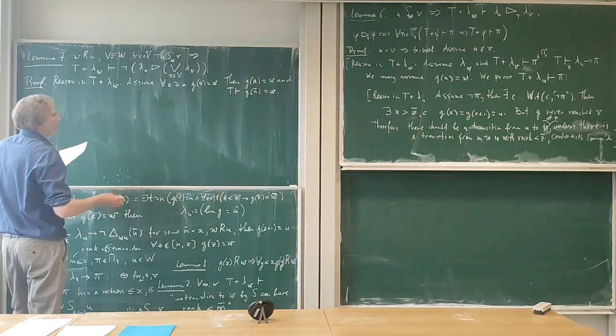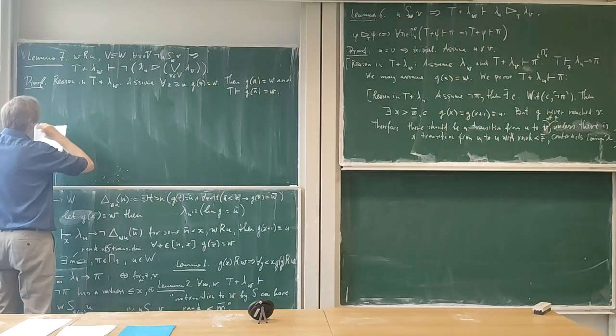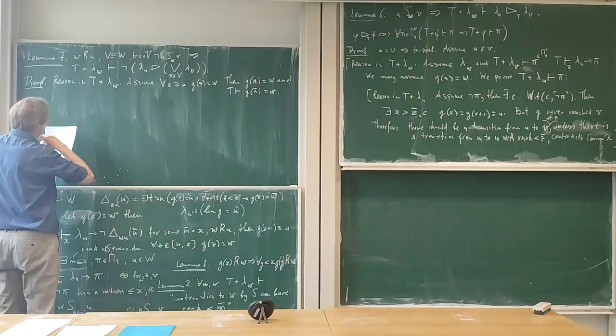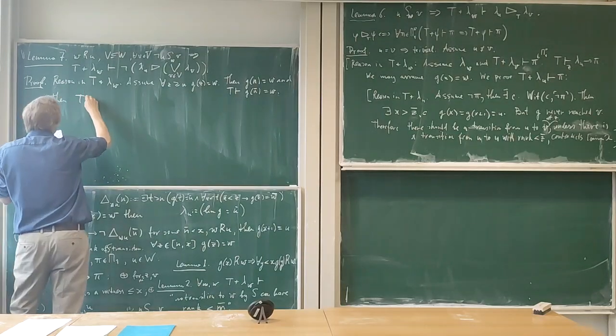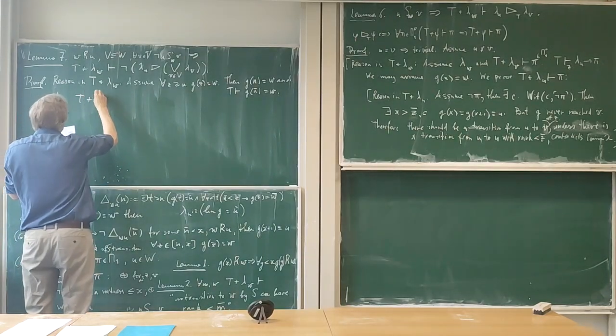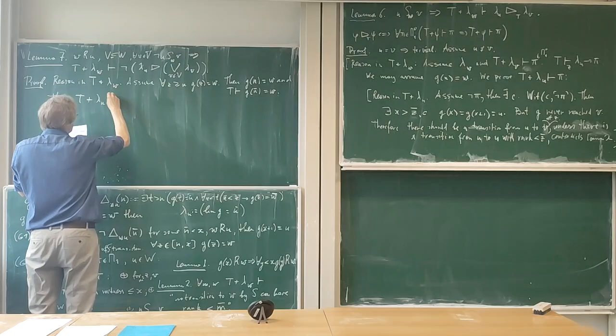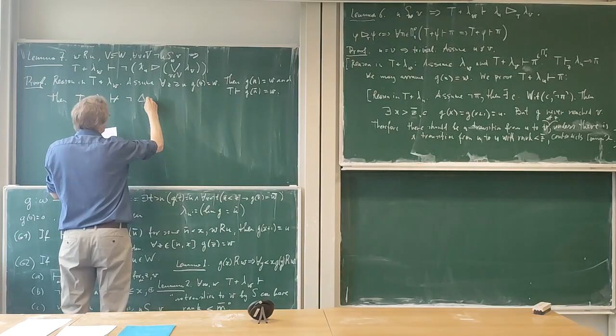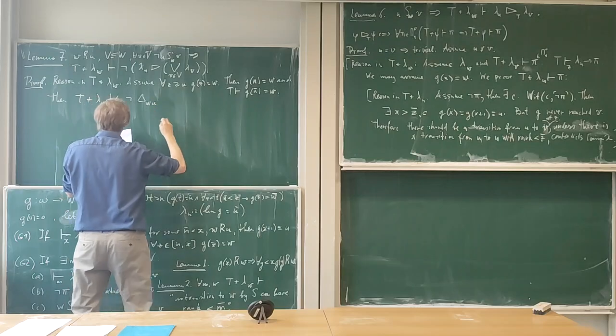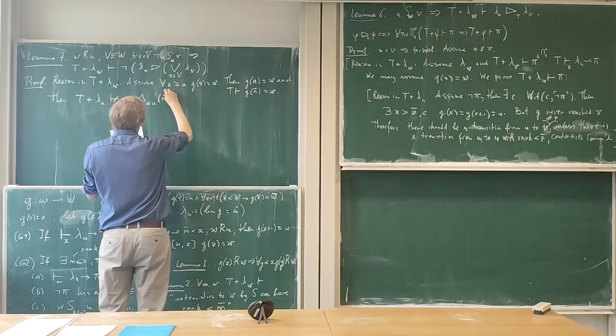And now what we can claim is that T plus lambda u does not prove not delta w of n.